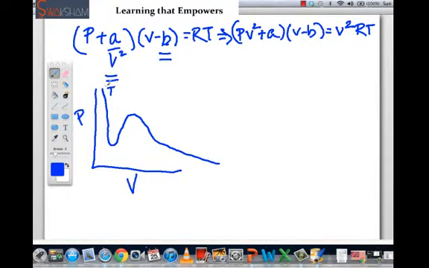So for Psat, the saturation pressure at this temperature, there are three values of volume that satisfy this equation.